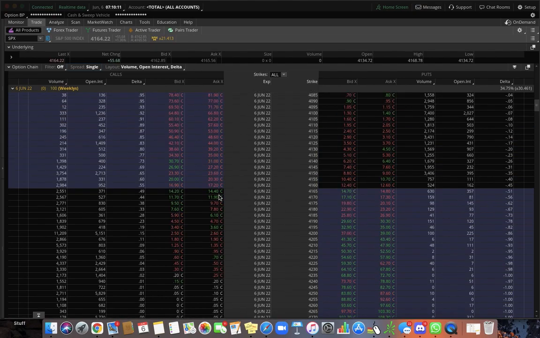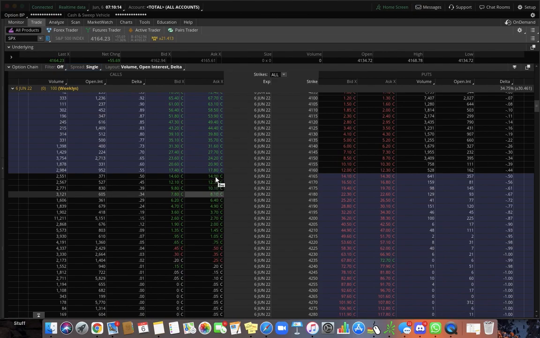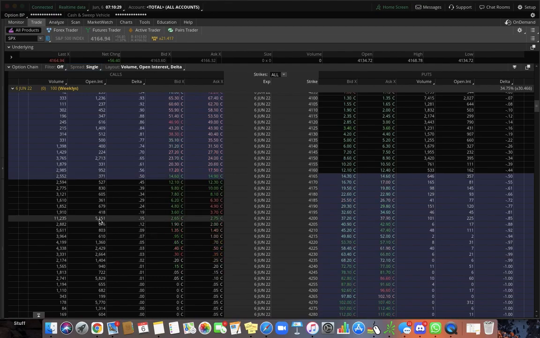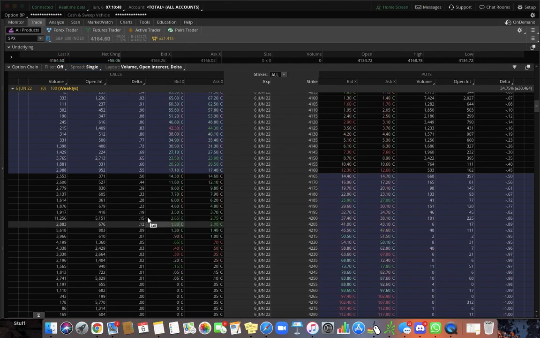If you wanted to take a 50 delta as an example on a call, here's your 50 delta, and it's going to cost you $1,490. Our strike here is at the 4,200 level, and that's a 15 delta, which means that if SPX goes up $1 or down $1, you make $15 profit or $15 loss.